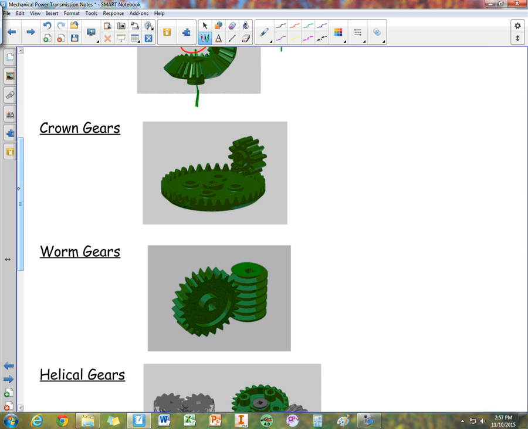The next type we have are the crown gears. These are a type of bevel. Once again, these will transfer motion between two perpendicular shafts.